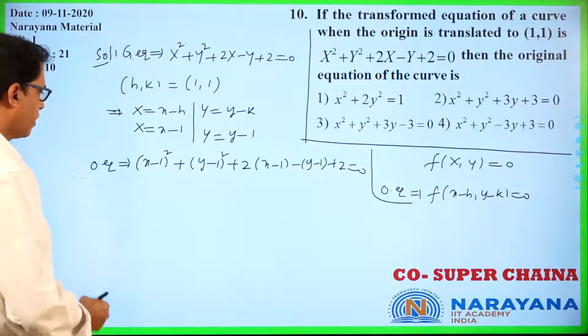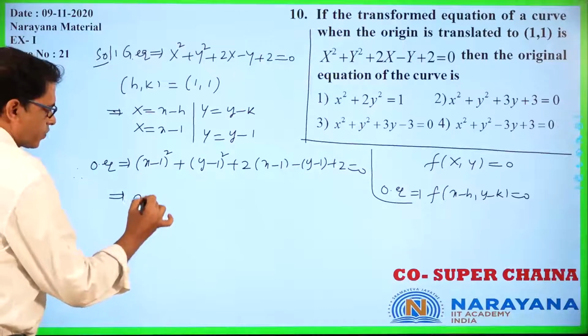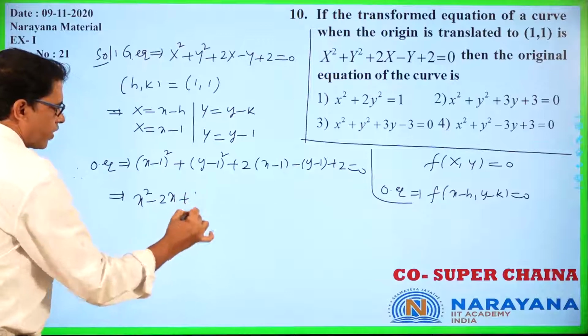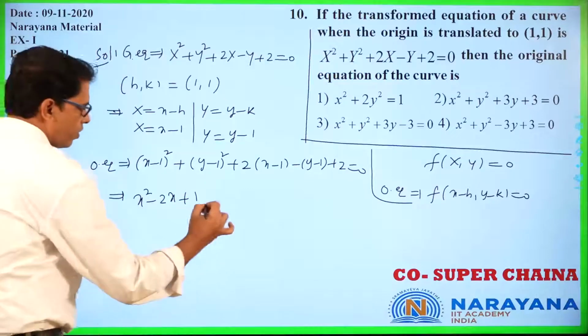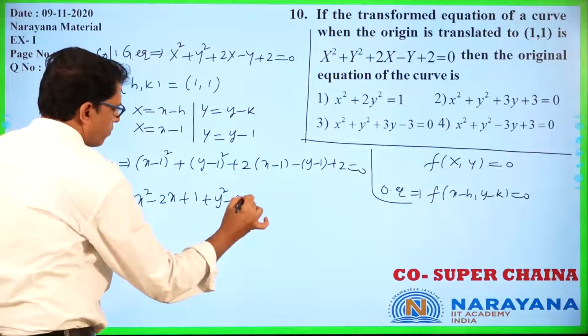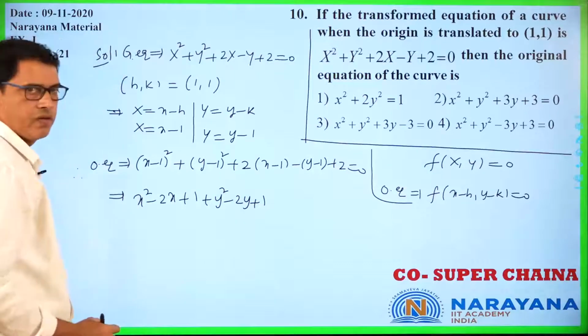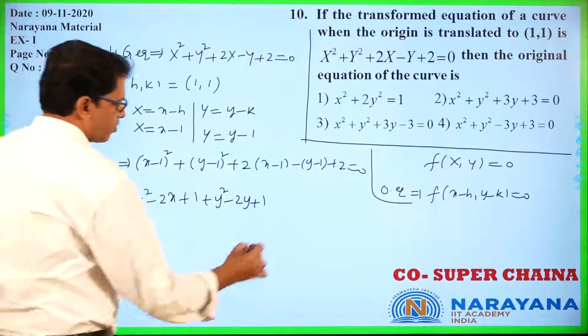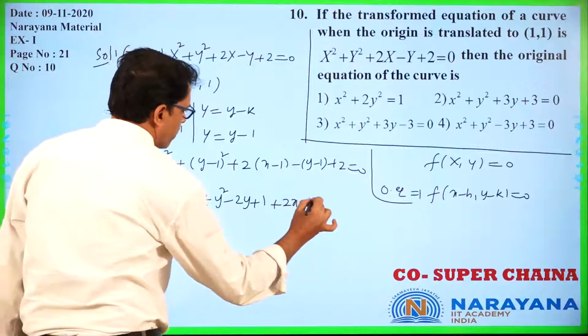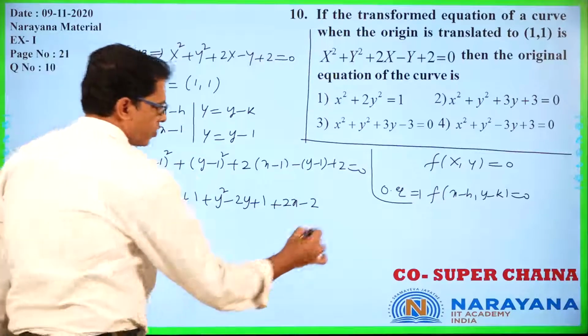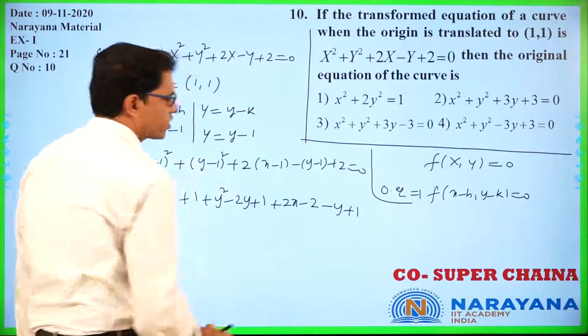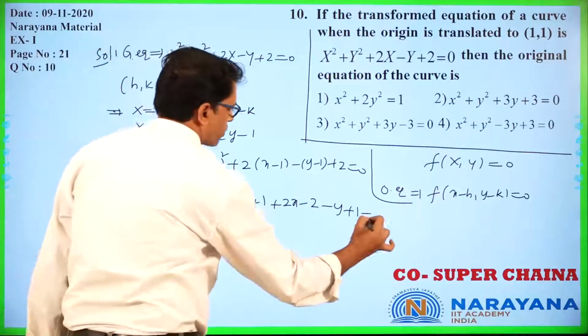Now simplify: x square minus 2x plus 1, plus y square minus 2y plus 1, plus 2x minus 2, then minus y plus 1, plus 2 equals 0.